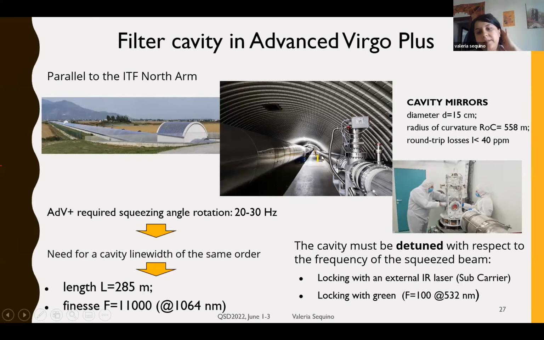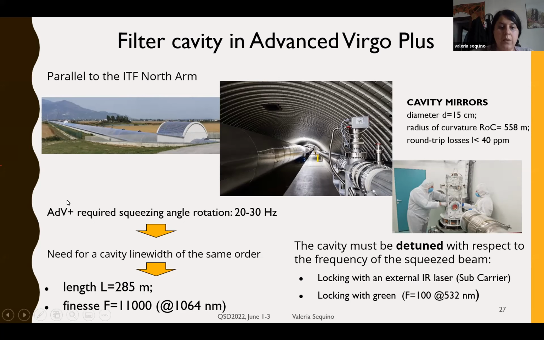The characteristic of this cavity is that the mirrors have a diameter of 15 centimeters, lower than the one used for the interferometer, which is 35 centimeters. The radius of curvature is around 500 meters, and the cavity has a round trip loss of less than 40 parts per million.